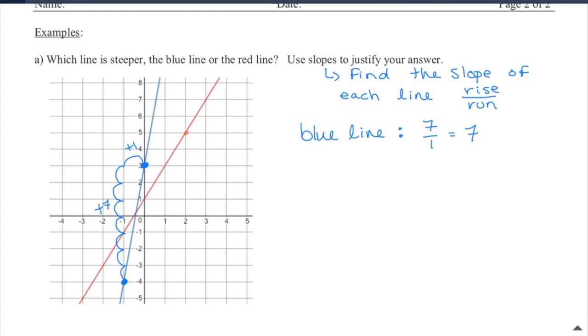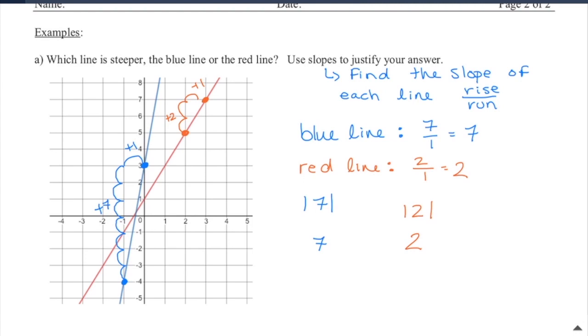my slope is 7 over 1, or just positive 7. For the red line, I can choose any 2 points and look at the rise over run between them. Rise 2, run 1. So my slope is 2. If I look at the magnitude, or the absolute value of each of these, they don't change.